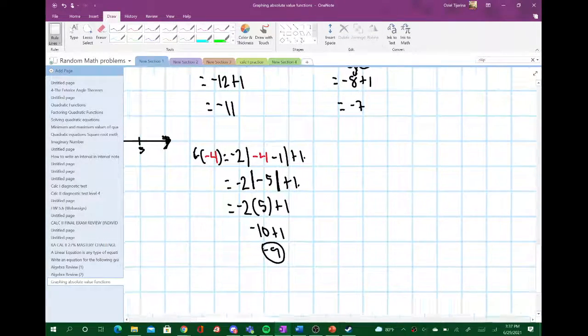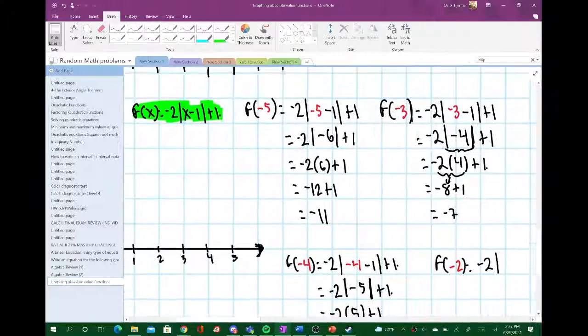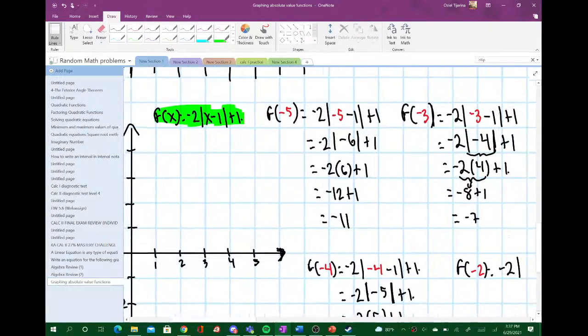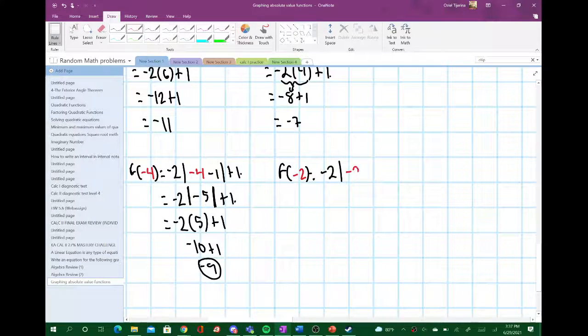Now let's do f of negative 2. So f of negative 2 will be negative 2 times the absolute value, and again, right here is our equation, so I'm going to say negative 2, because x equals negative 2, right? And minus 1 plus 1, right?